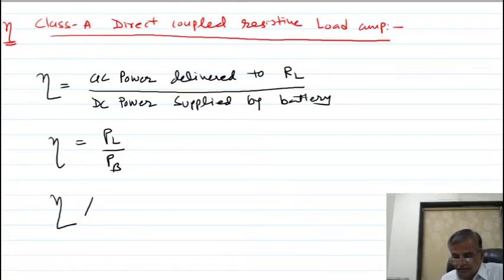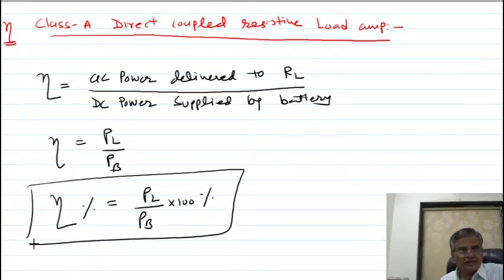If I want to measure in percentage, then it should be written like this. So the efficiency is given by AC power delivered to the load upon DC power supplied by the battery.